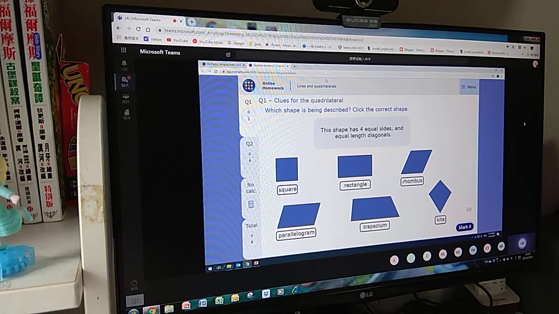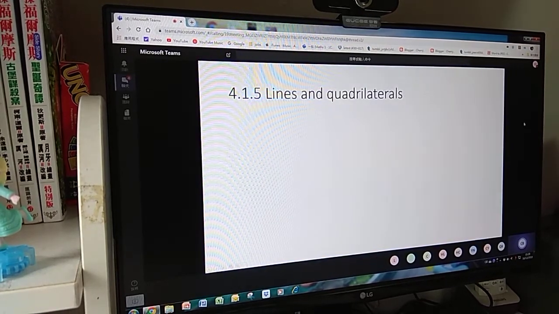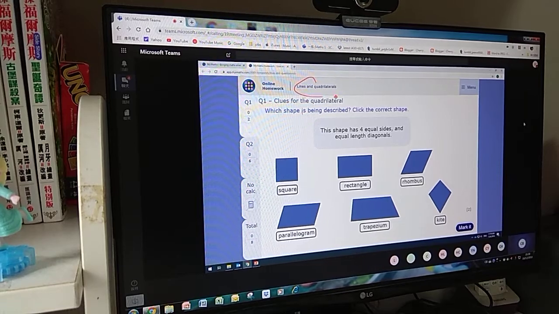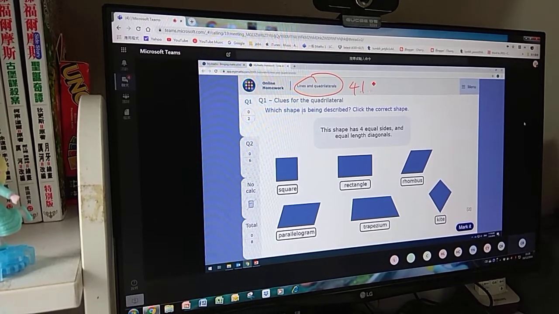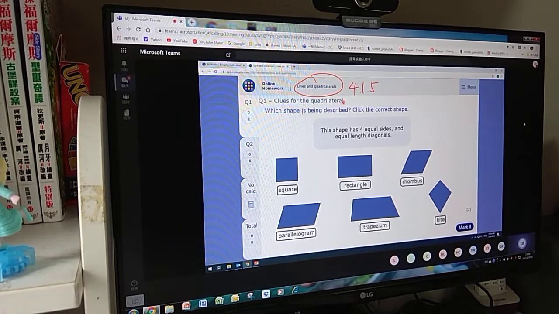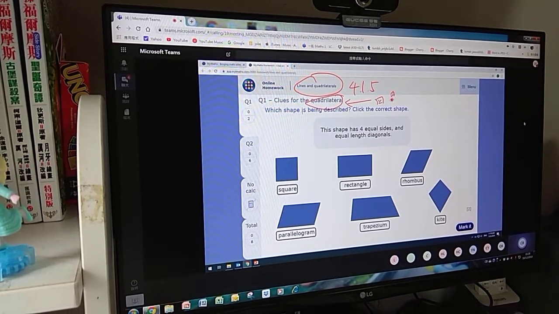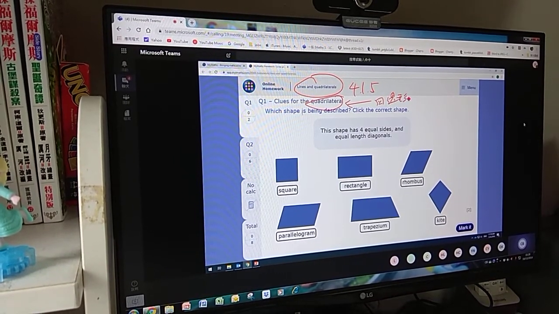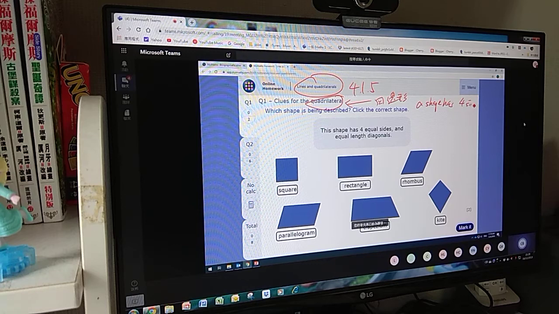Okay, it's about the quadrilateral. Who is the quadrilateral? In Chinese, quadrilateral is 四邊形. Okay, a shape that has 4 sides. That is a quadrilateral.